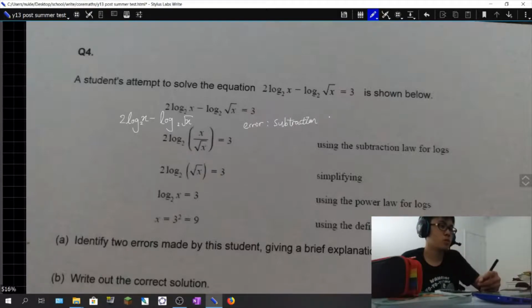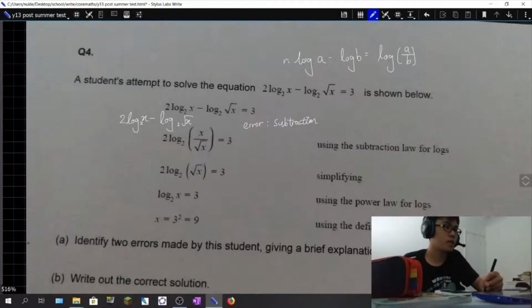The subtraction law, by the way, is log a minus log b is going to be equal to log a over b. But notice that, you know, there's no coefficient here. So you're going to have to assume that they're either both 1 or they're both the same coefficient. But in here they're different because one is 2 and one is 1.